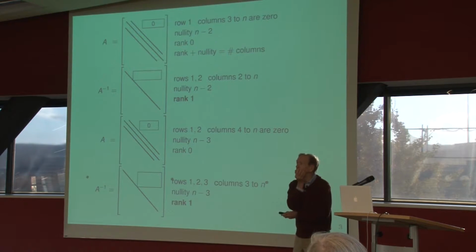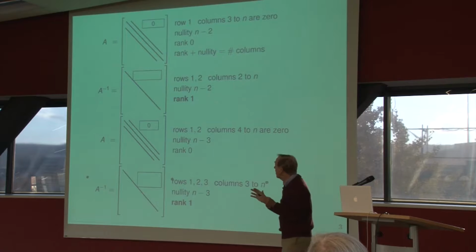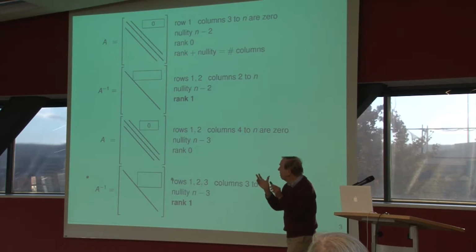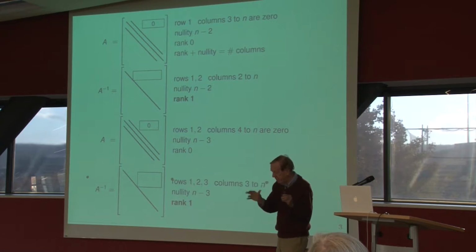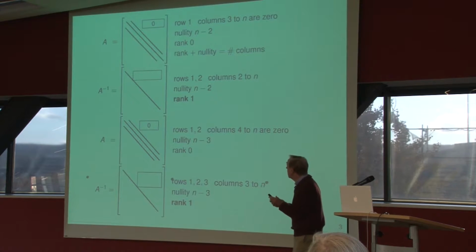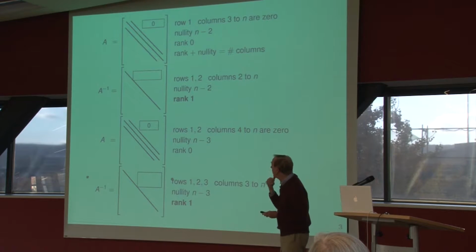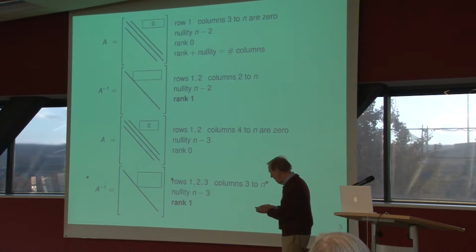I'm sorry, I had to ask you to keep that theorem in mind from the previous slide and use it here. Anyway, it gives a very clean proof of this rank 1. And down below, it's the same thing.